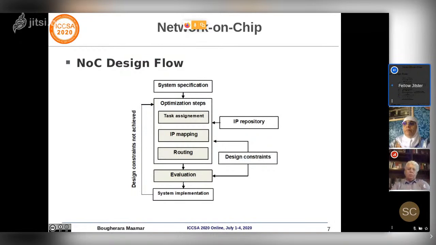This chart presents the network on chip design flow. We have three essential steps to optimize: task assignment, IP mapping, and routing. In this work, we take into account two steps, the task assignment and IP mapping.